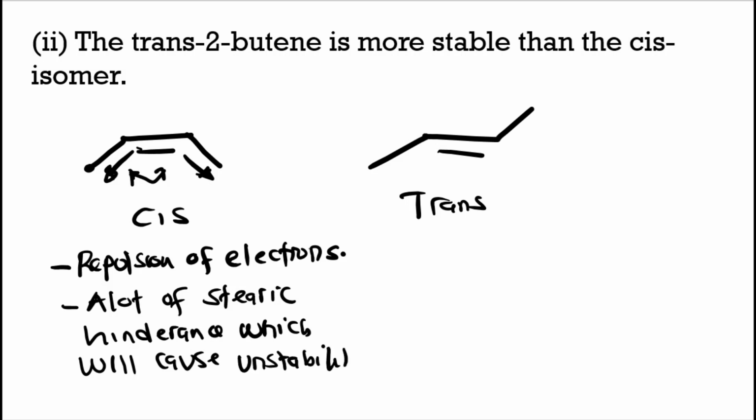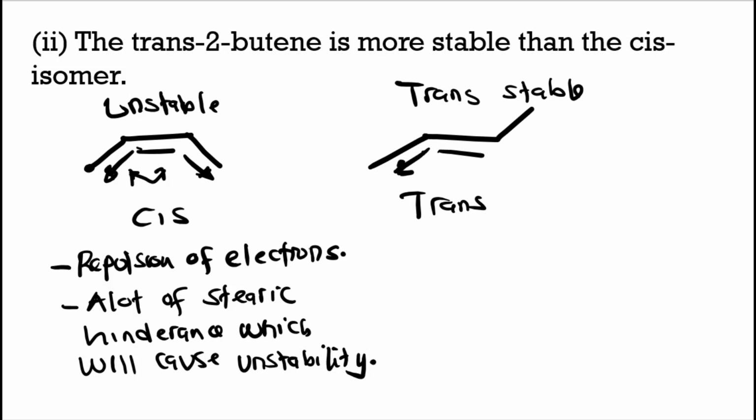So that is the reason why the cis is more unstable. This is an unstable configuration compared to the trans. The trans is stable because here there's no steric hindrance.